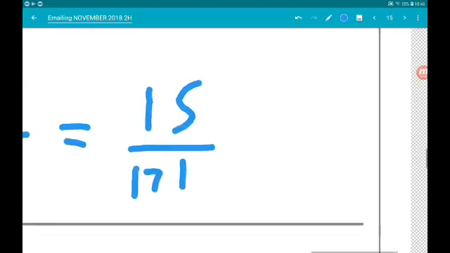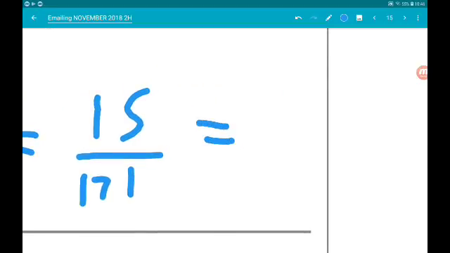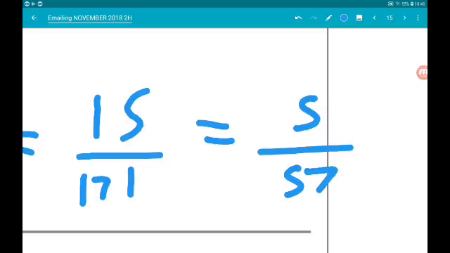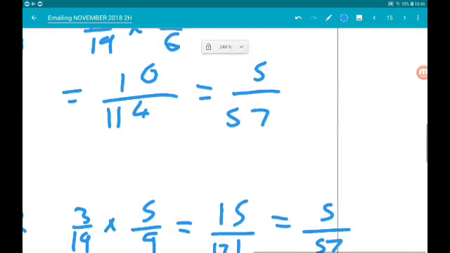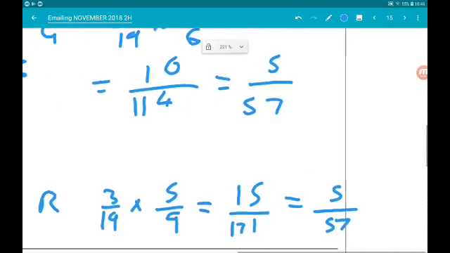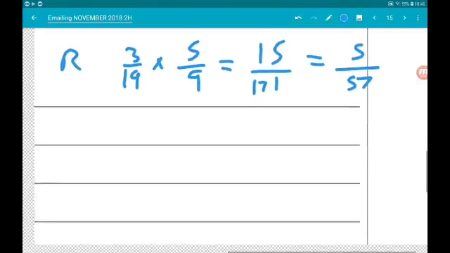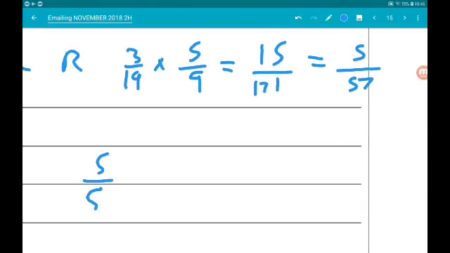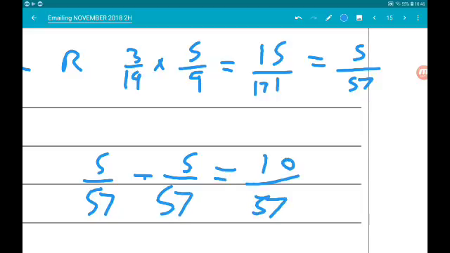Now that is going to simplify to 5 over 57. So now we add the probabilities of the outcomes that we are interested in together. So 5 57ths add 5 57ths is 10 57ths. Cool.